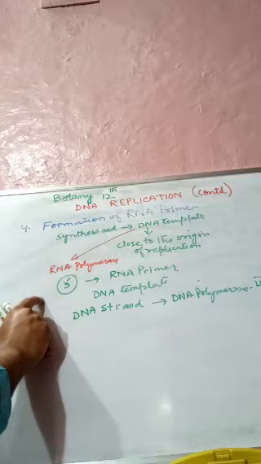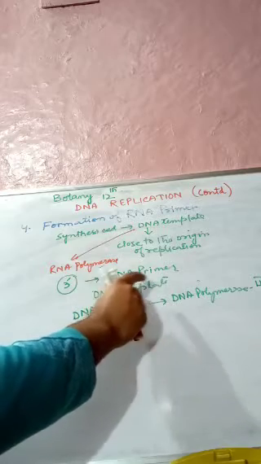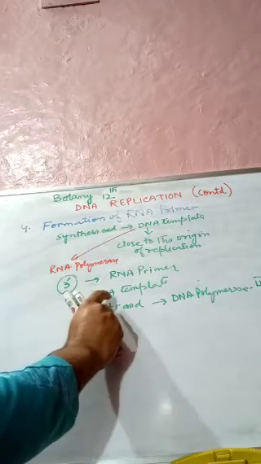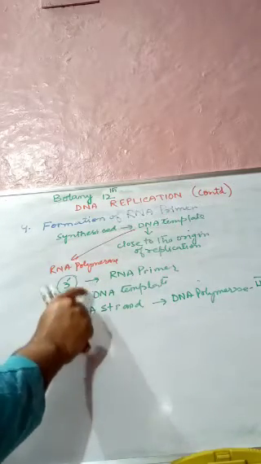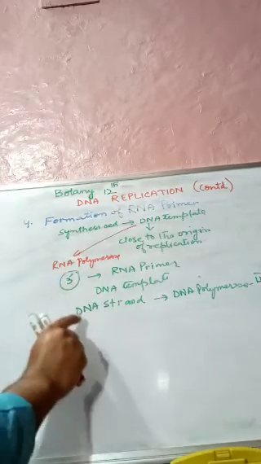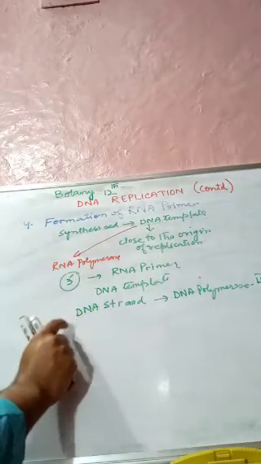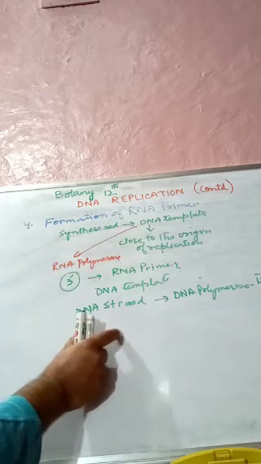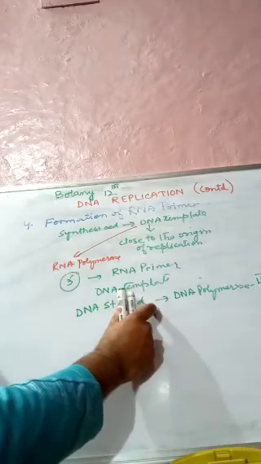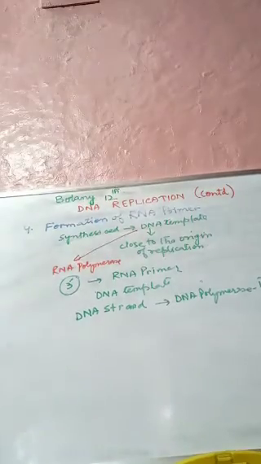Deoxyribonucleotides are added to the 3' end of the RNA primer, and the main DNA strand is synthesized on this DNA template. This new strand is complementary to the DNA strand and is synthesized by DNA polymerase III.